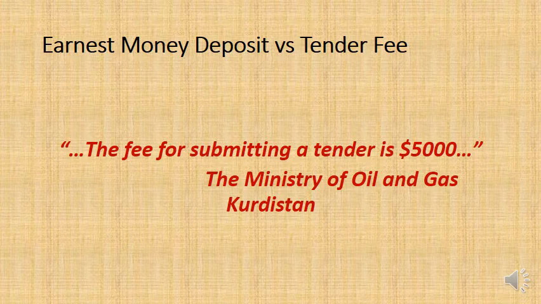Cardo is going to say, okay, I think the work is going to cost me $100,000 with my profit margin and everything else, but it's going to cost me $5,000 to submit the tender. So already the cost goes up to $105,000.